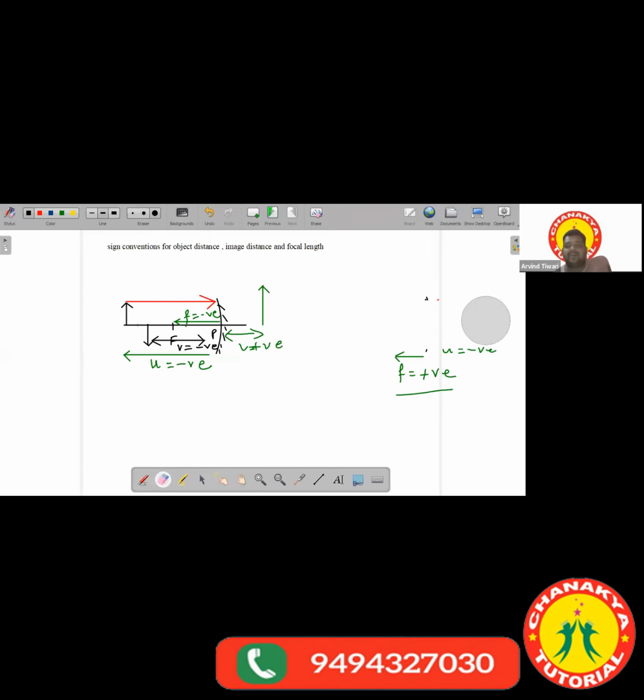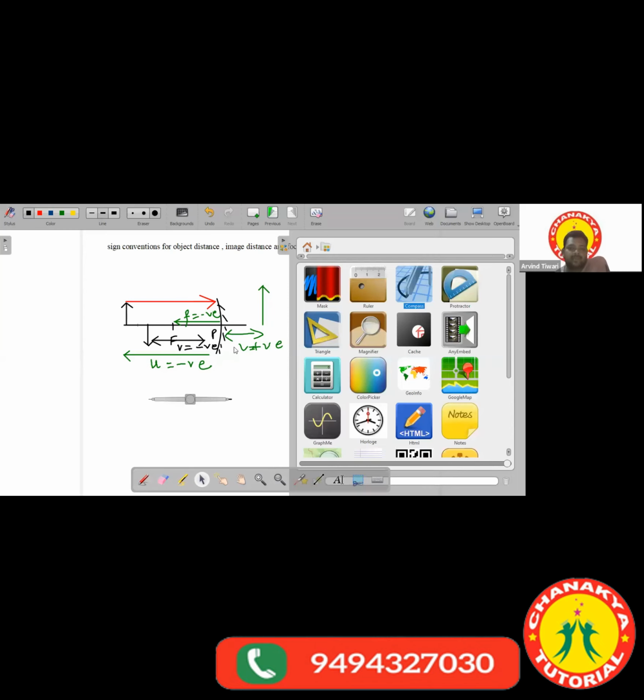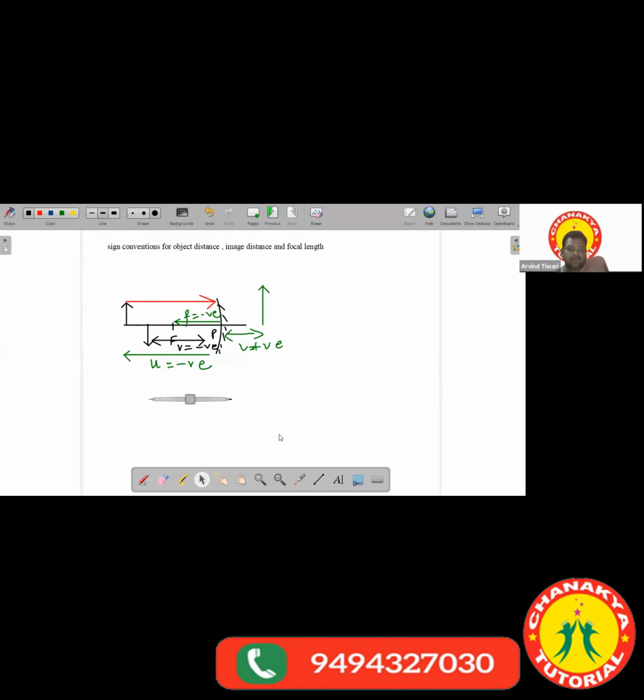I am drawing the convex mirror again like this, and I polish it from inside. So now it's the convex mirror.